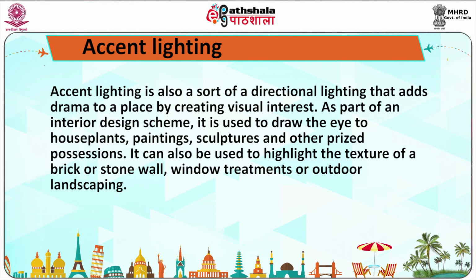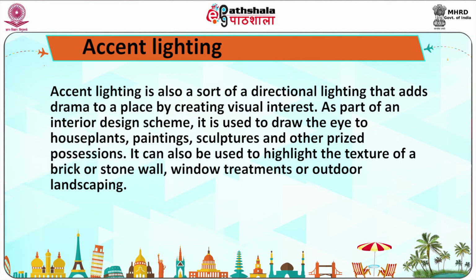Now, we talk about accent lighting. It is also a sort of directional lighting that adds drama to a place by creating visual interest. As part of an interior design scheme, it is used to draw the eye to house plants, paintings, sculptures and other prized possessions.